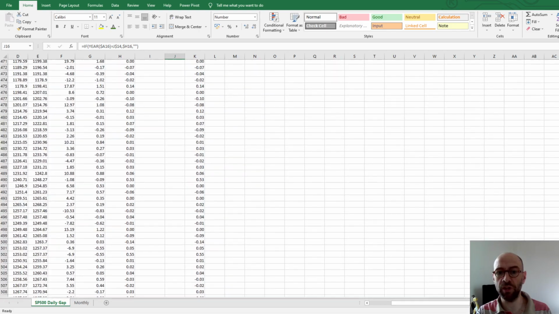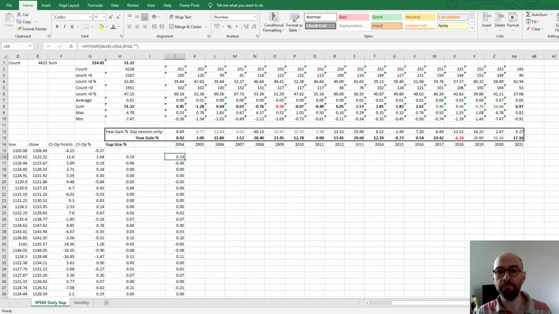If I scroll down, there you go, you can see the data there. Again, I've made a count just to have an idea of how many days' worth of data there are for each one of the years. And then I've counted how many were positive and how many were negative. So we can see some interesting data as well.